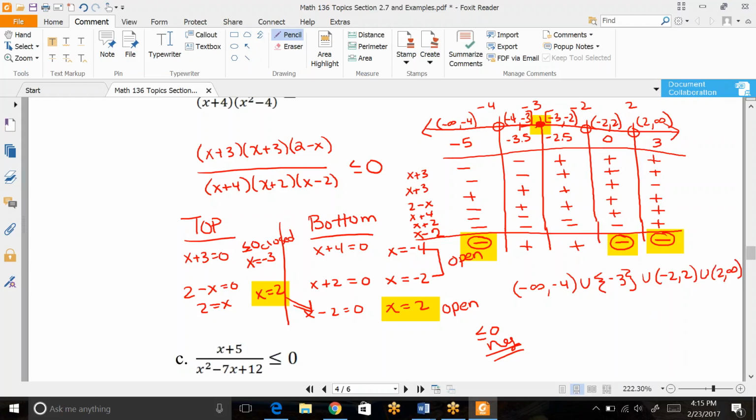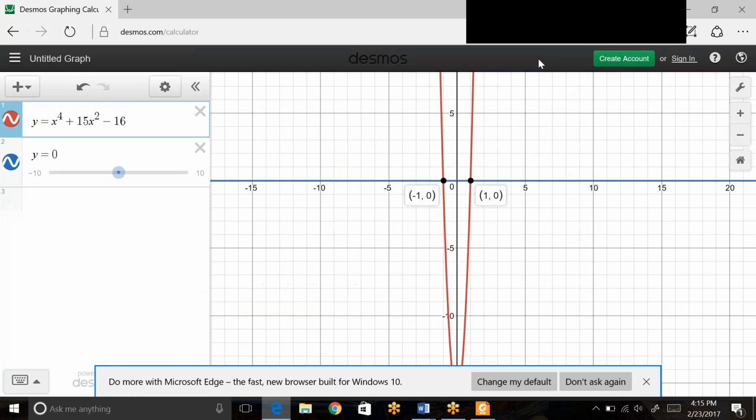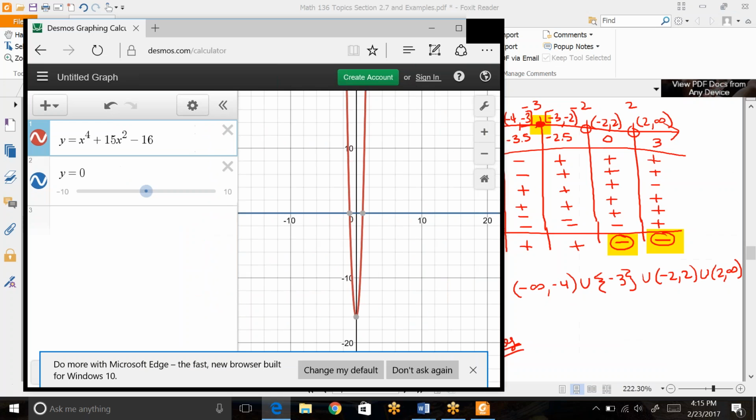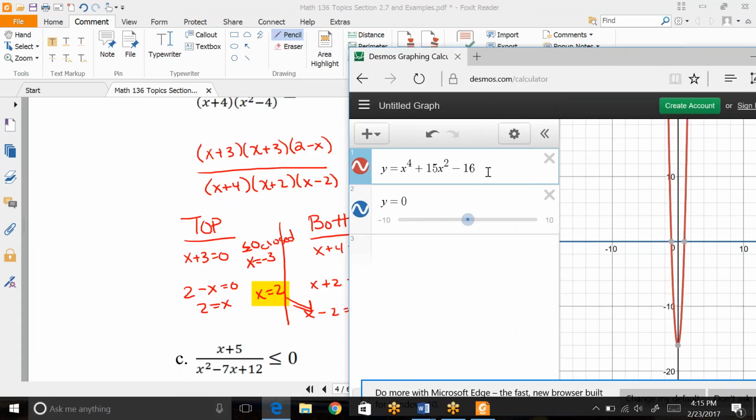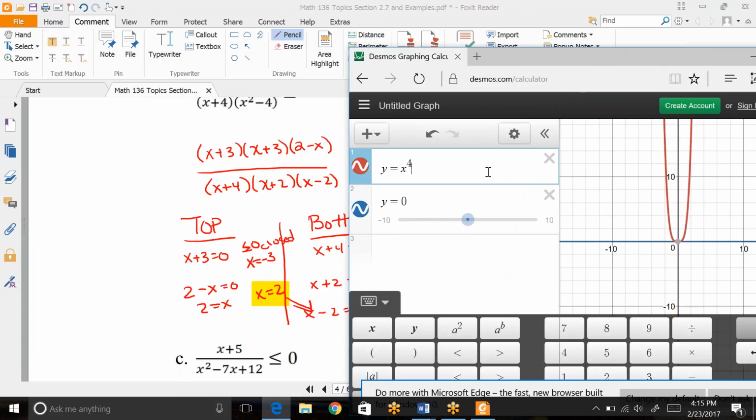Because this one is kind of wild, I do want to show you graphically what it looks like. So let me get back to a graph real quick. Oh, it was on my other browser, sorry. There's Desmos. Okay, so we want to try to enter in this whole left side, which is kind of interesting.